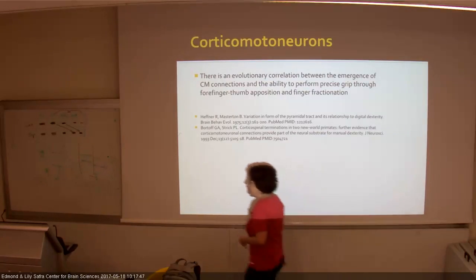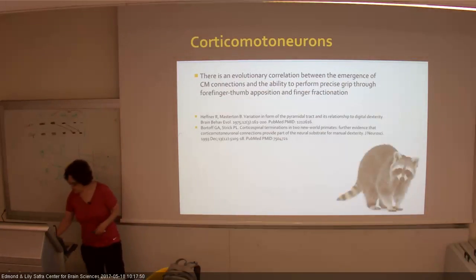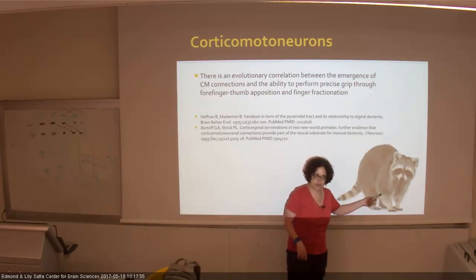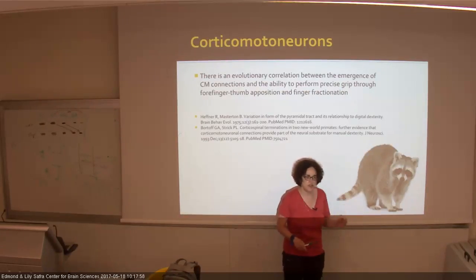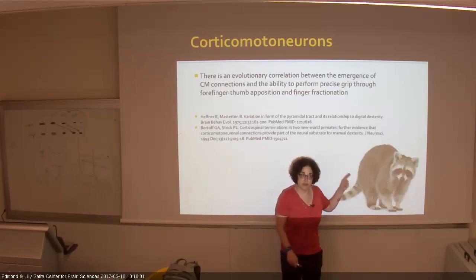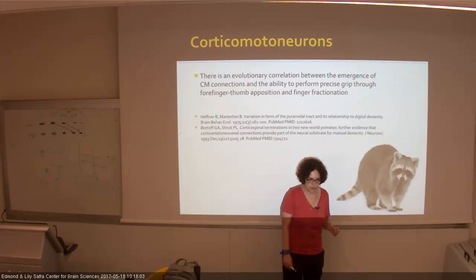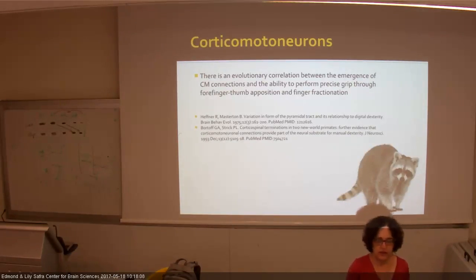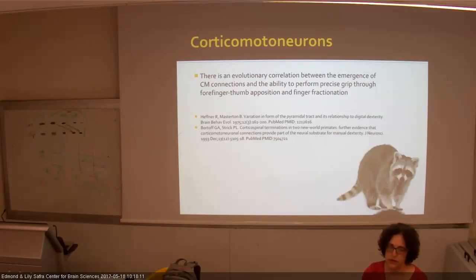This happens in primates, but also raccoons, for some reason, have this ability for independent finger movements together with corticomotoneurons. Yes. Is it because the wiring in the hand itself is different between humans and cats, or only the wiring in the brain? Just the brain. In the hand, there are the same amount of neurons for every finger. How about the muscles for the cats?